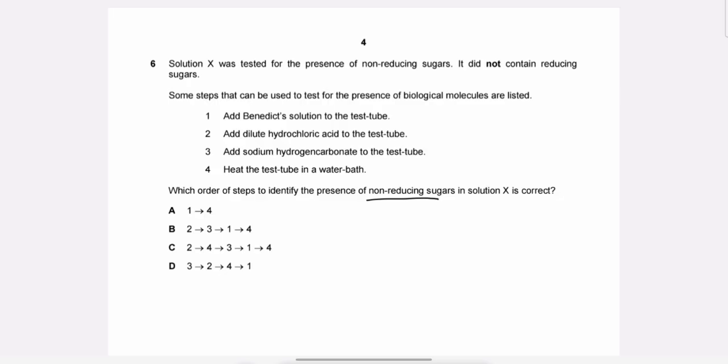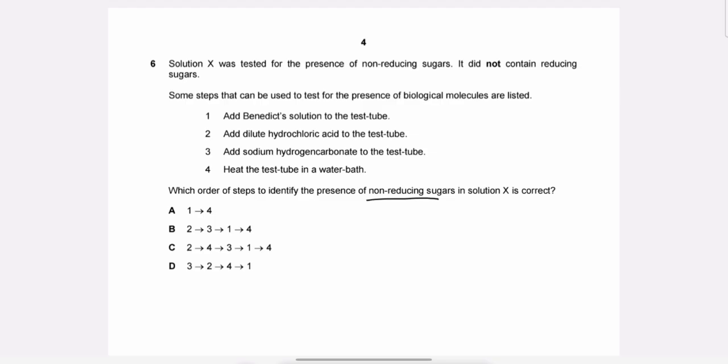correct? Remember, for non-reducing sugars, we first need to break them into simple sugars, and for that we use an acid. And after breaking them apart with an acid, we then add a base to neutralize the acid before we can test for the reducing sugars that would have formed after breaking the non-reducing sugars. Then after that, we can carry on with a test similar to the Benedict's solution.